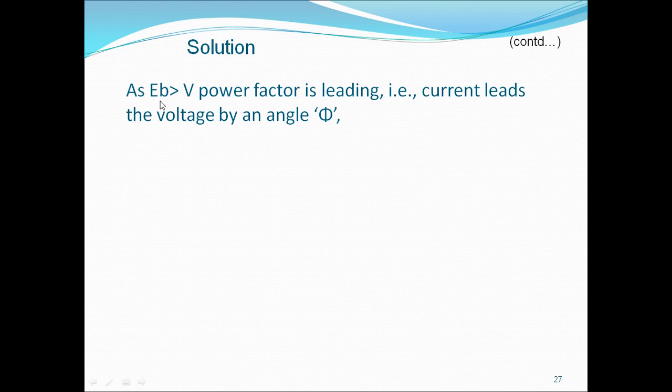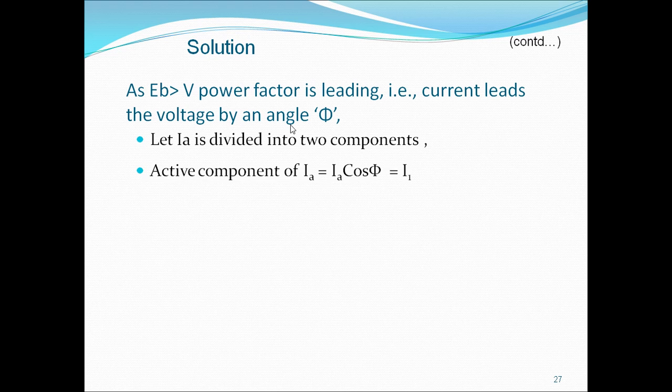So here we have EB is greater than V, then the angle is leading, that is current leads the voltage by an angle theta. So now we have to resolve IA into two components, that is horizontal component and vertical component, that is IA cos phi and IA sin phi.